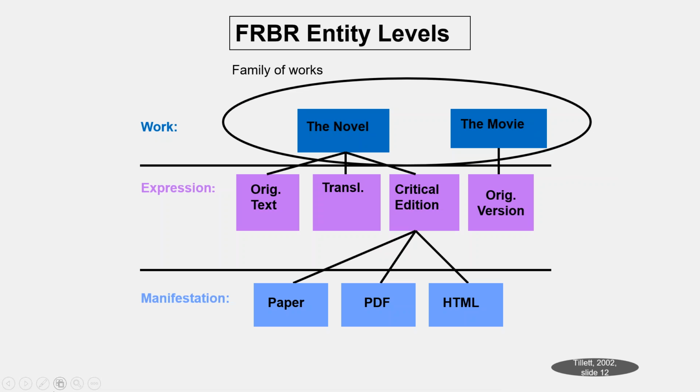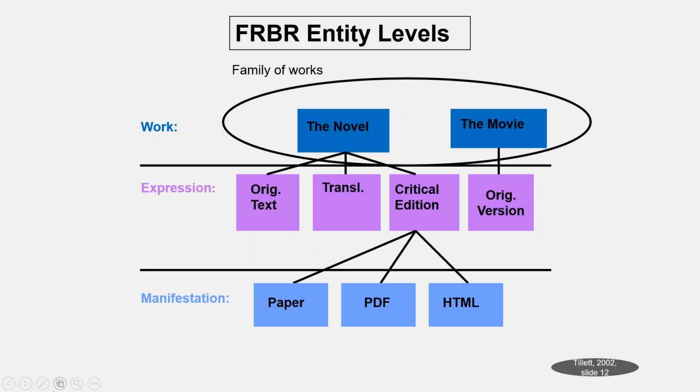So if you look at this chart, the work is the novel and the movie, and then the expression becomes the original text or a translation or a critical edition, and the movie is coming from the original version.